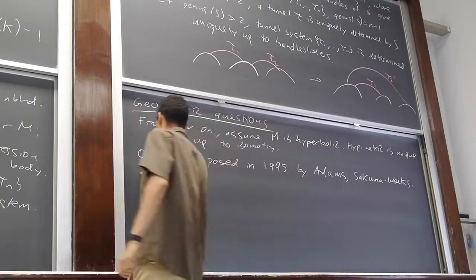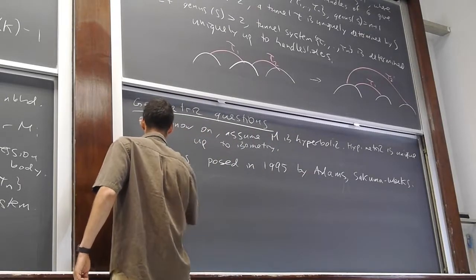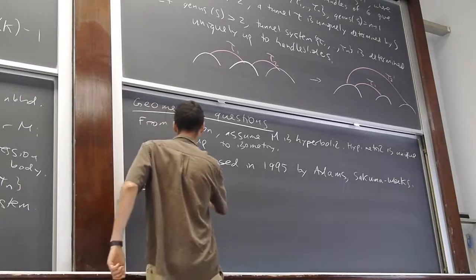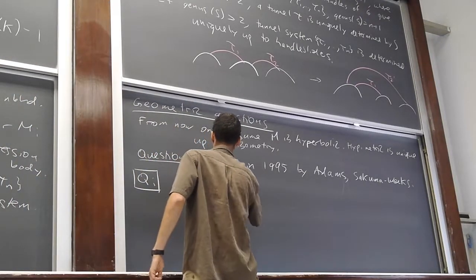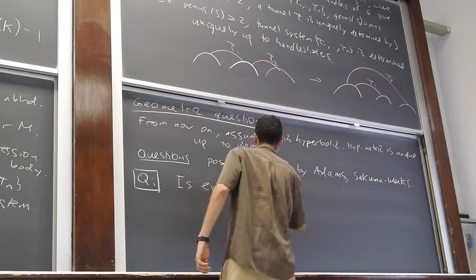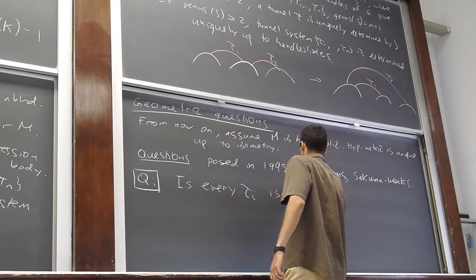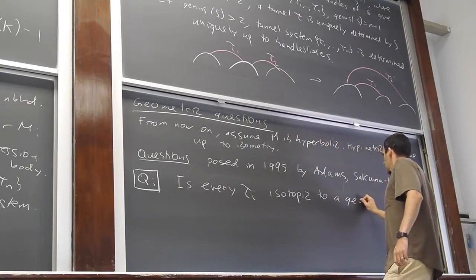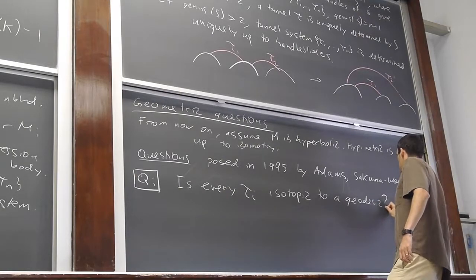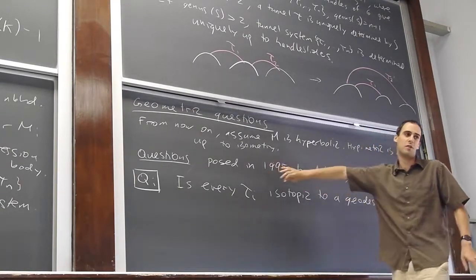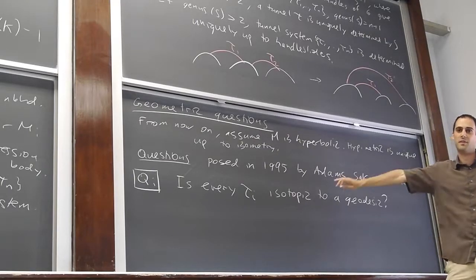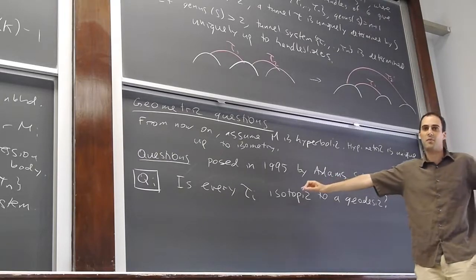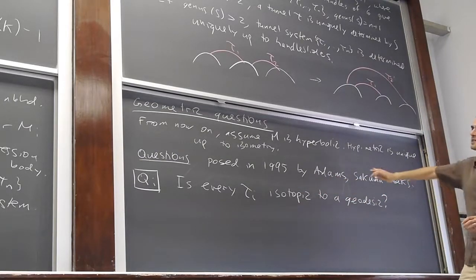The first question is: is every tau i isotopic to a geodesic? They really asked this question only when there was a single unknotting tunnel, but you can generalize it to multiple unknotting tunnels. At least it's harmless to ask the question, although maybe it's too much to hope for.